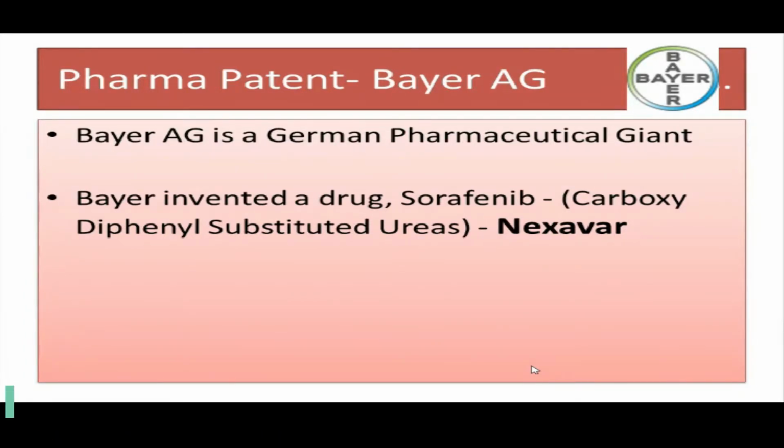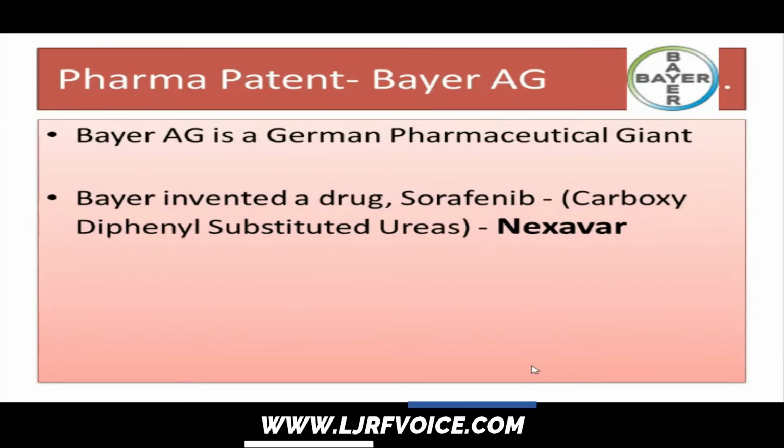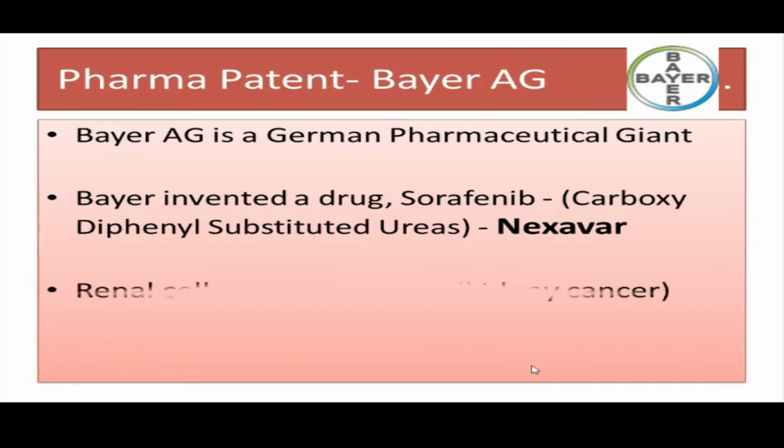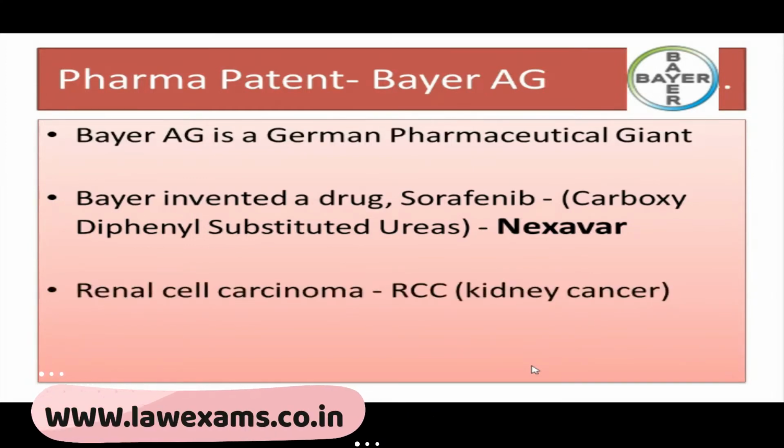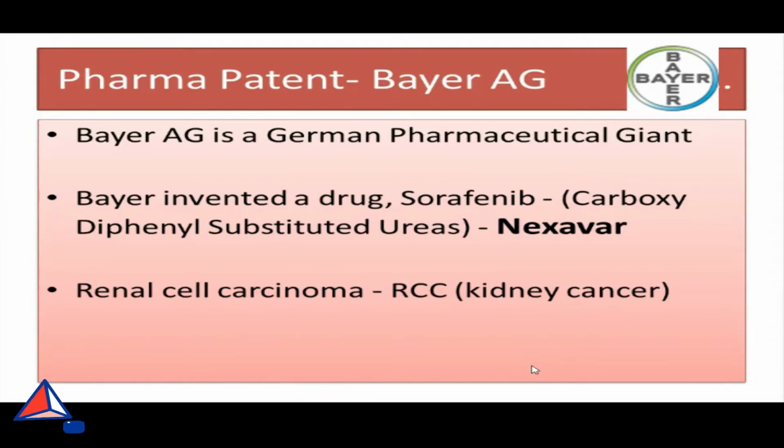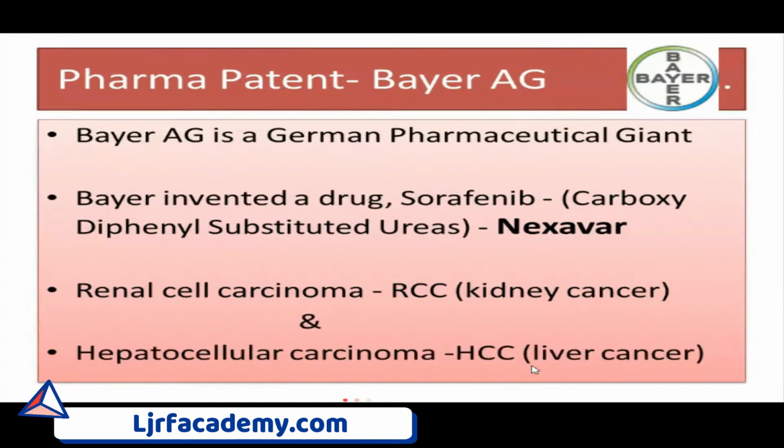So that particular drug is known as Nexavar, or that's how it is titled by that particular company, and that drug is used for kidney cancer and also for liver cancer.